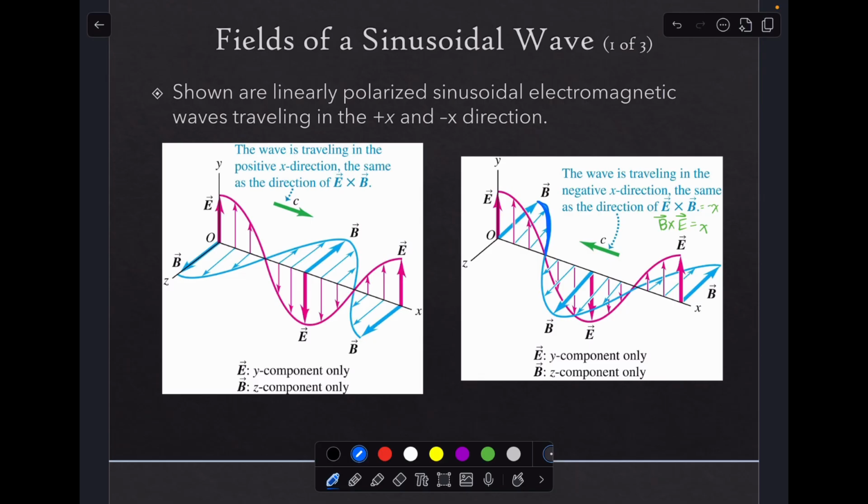So if you cross B into E with your right hand, you get positive X. But if you needed to cross E into B, which you do for the right hand rule, that would give you negative X, the direction of travel.